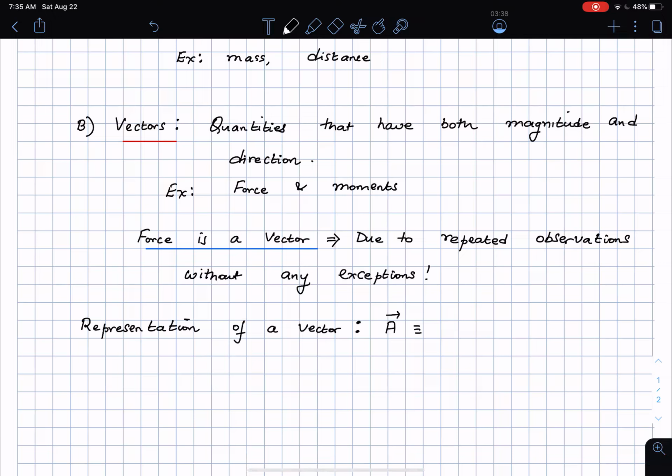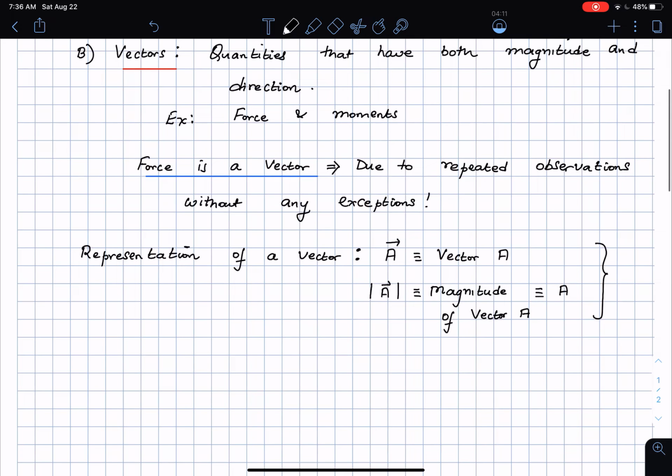Okay, so this is vector A. If I want to specify the magnitude of vector A, then I put a couple of vertical lines right next to vector A, and this is the magnitude of vector A. I can typically also write it without the arrows.